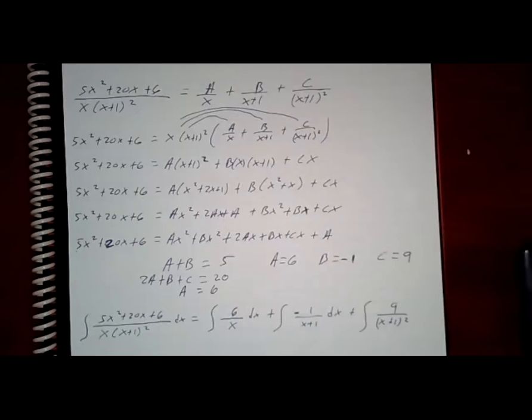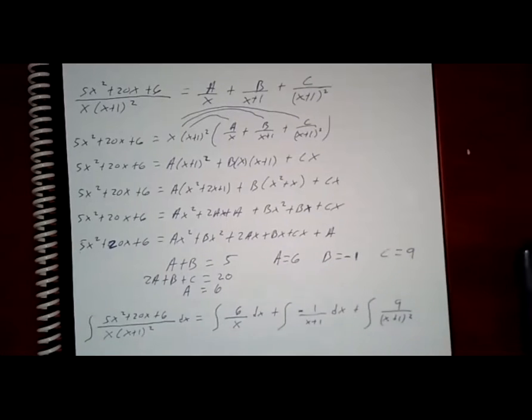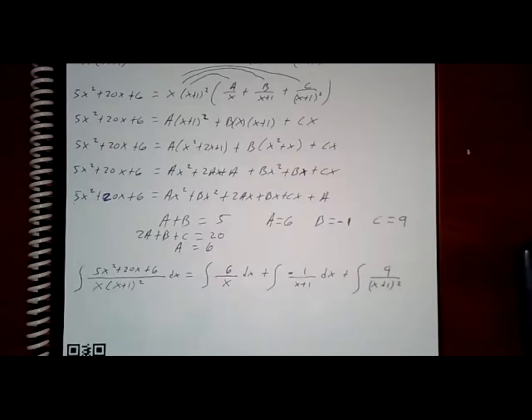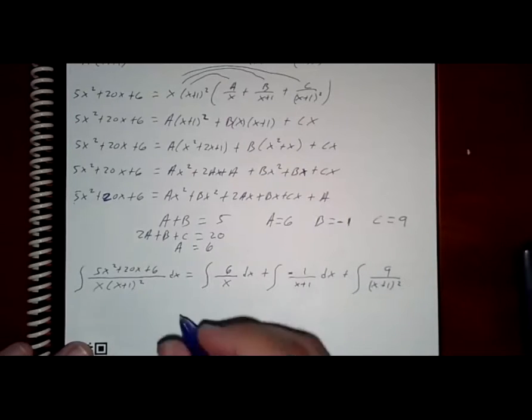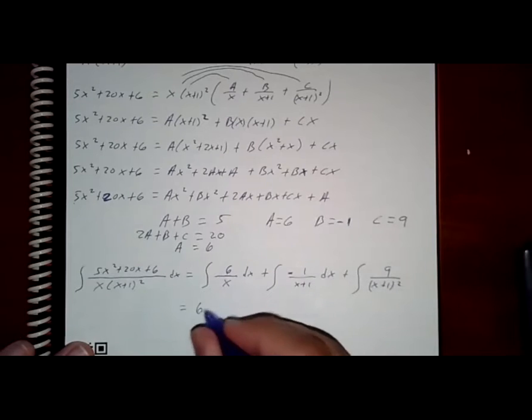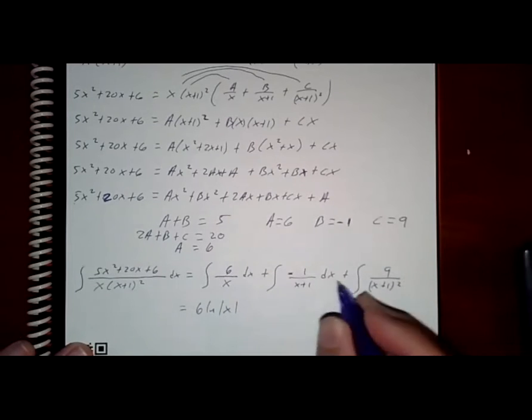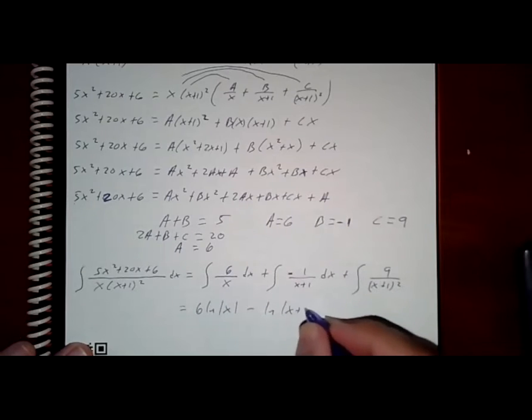Okay. Any questions on that setup? Because these integrals are no big deal, right? You understand the purpose, right? You create an easier integral. The answer will be, this is an easy one, that's just 6 ln x minus ln x plus 1.